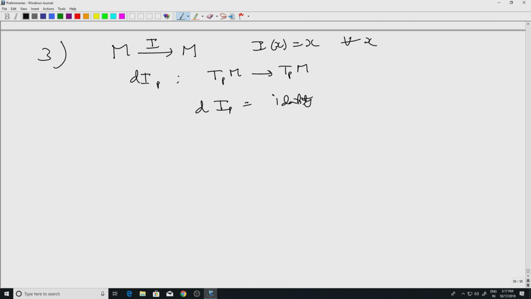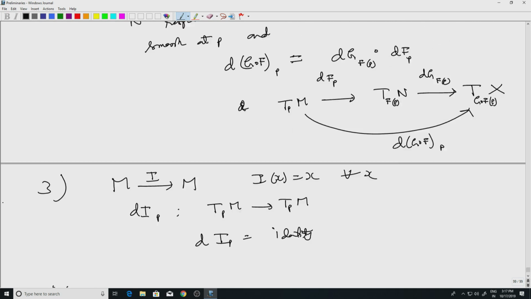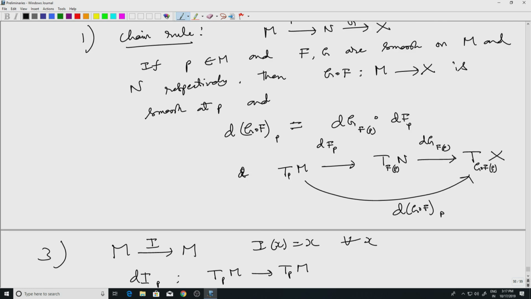Well, this is not exactly a property, but these two properties, the behavior of a composition and what happens to the identity: if the expected things happen, then it's referred to as a functorial association.